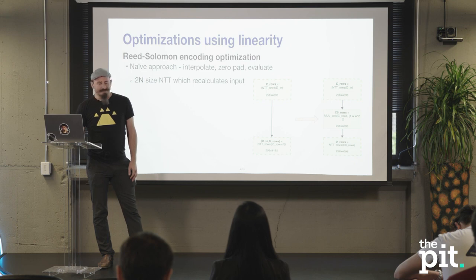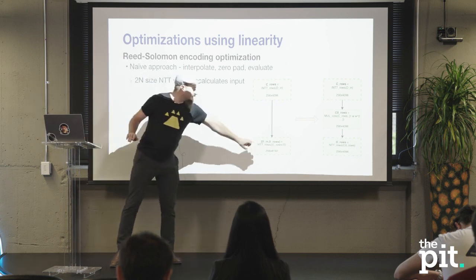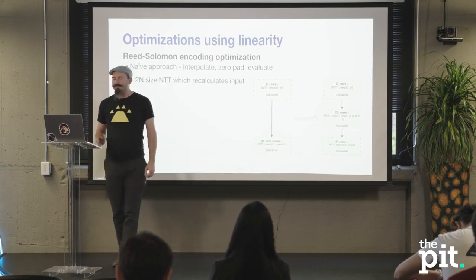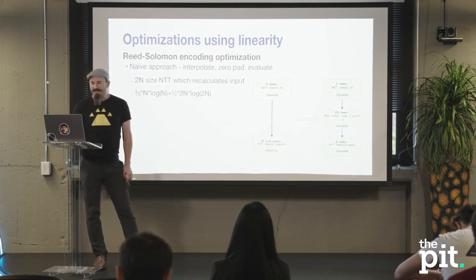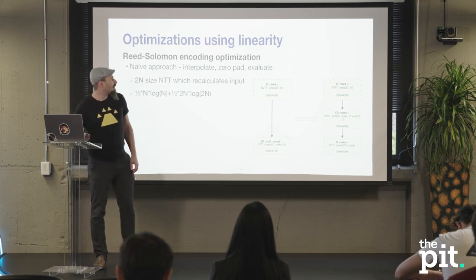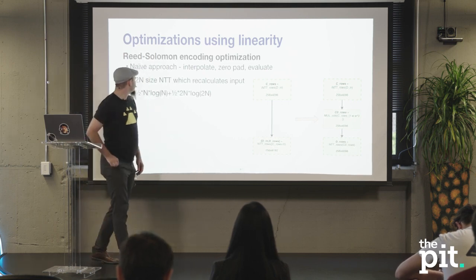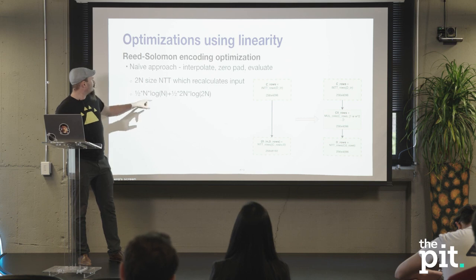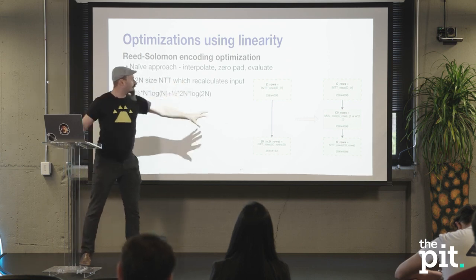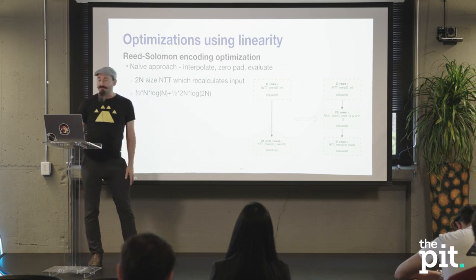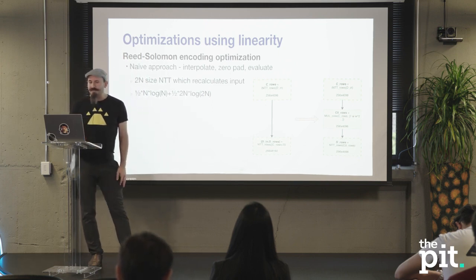And the evaluation part is an NTT which acts on 2n variables. In total, with our two NTTs, the number of multiplications is half n log n for the first NTT and half 2n log 2n for the second NTT. This is the usual naive approach.